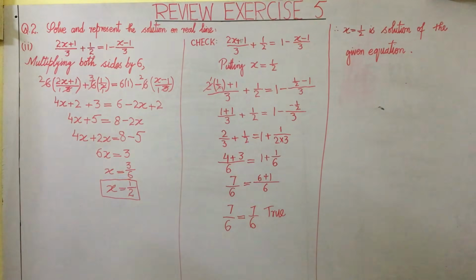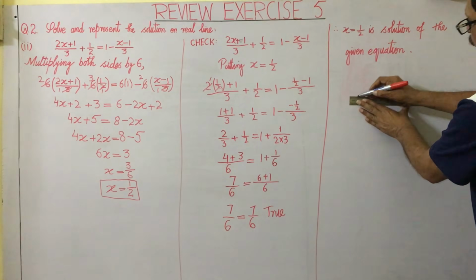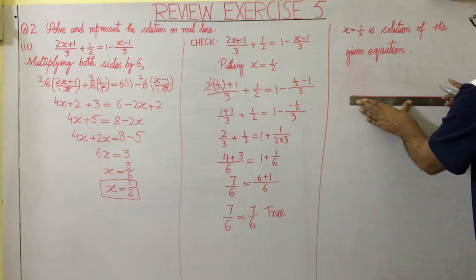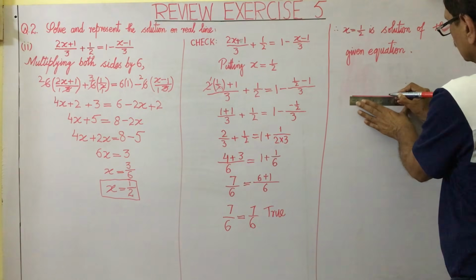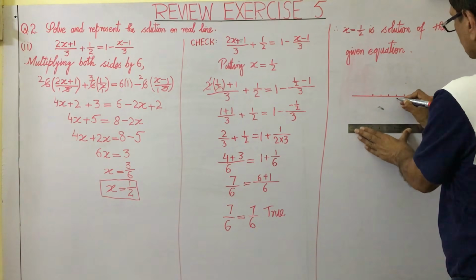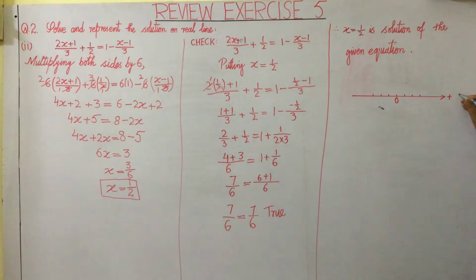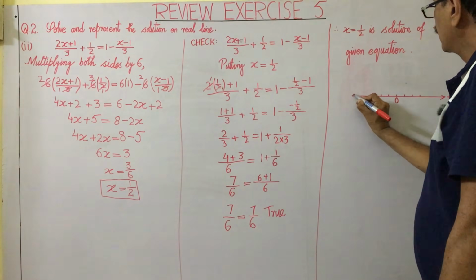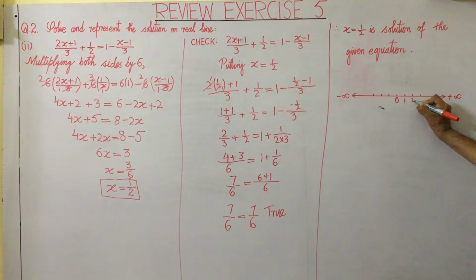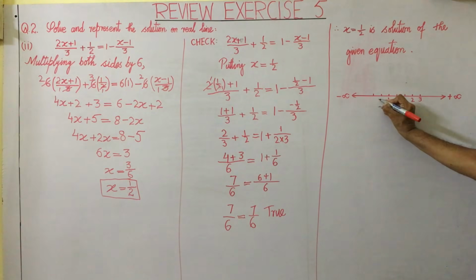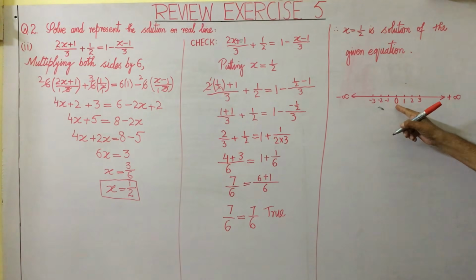Now, let us represent it on the real line. With the help of a foot ruler, we draw a straight line and mark equidistant points on the line: plus infinity, and so on, minus infinity, 1, 2, 3, minus 1, minus 2, minus 3. x is equal to 1 by 2 lies between 0 and 1.